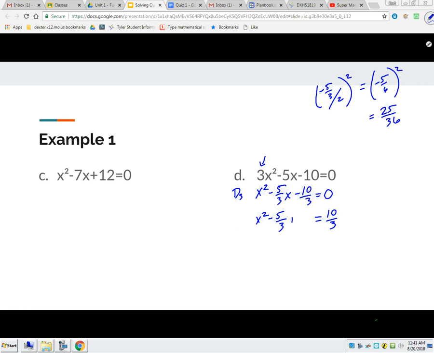So I am going to put 25 over 36 here, and 25 over 36 here. Yeah, it's just getting messier and messier. I've got a shortcut right here I want to show you. Instead of trying to think of two factors of 25/36 that add up to give me -5/3, I realize this one's just going to factor like the one before that I worked. If you go back and look at it, I'm missing an x right there.